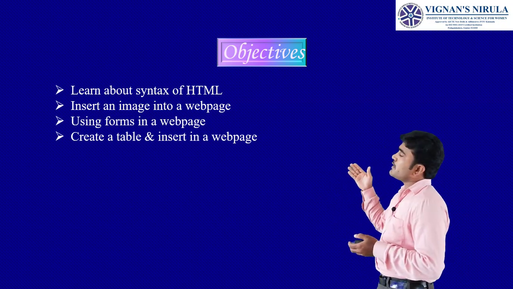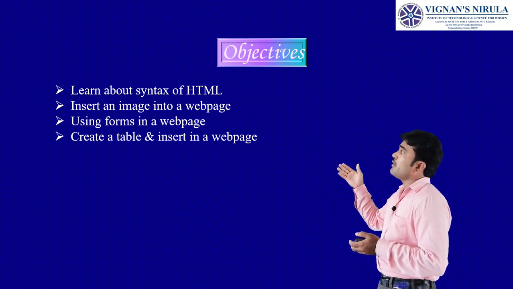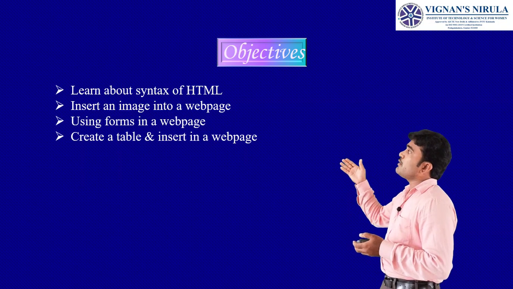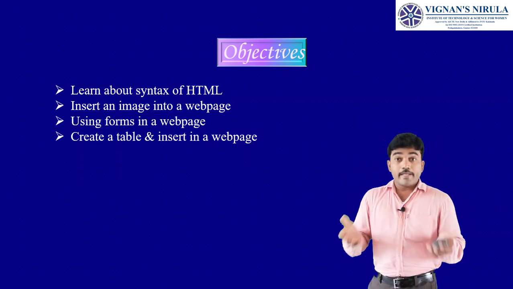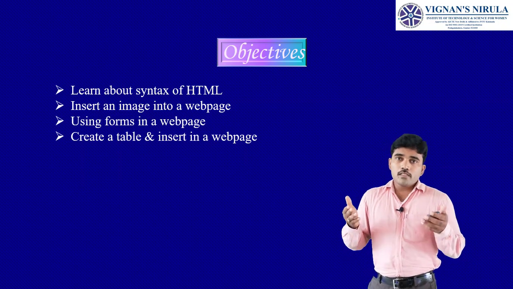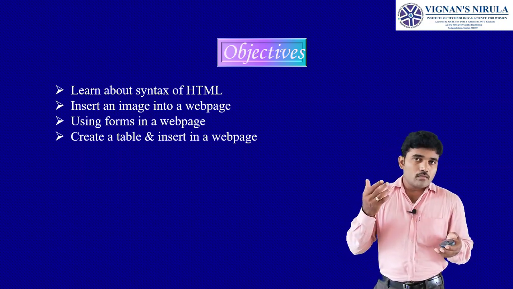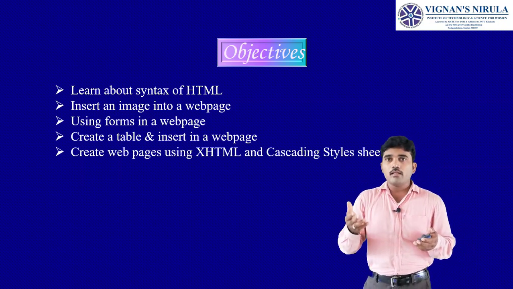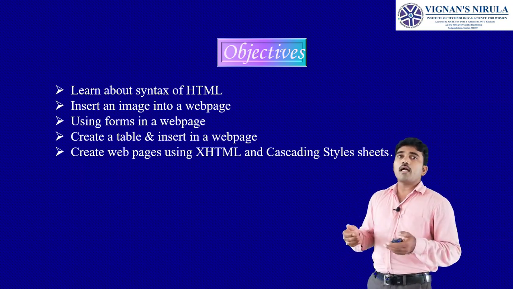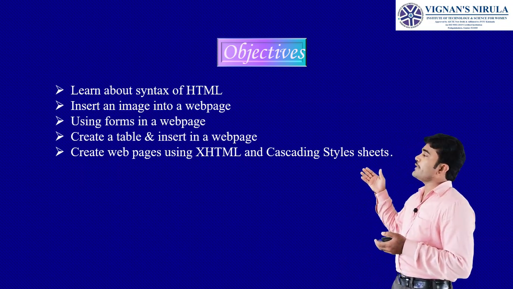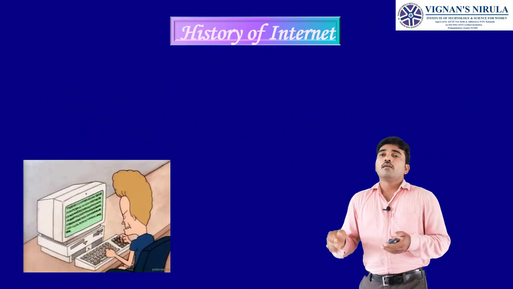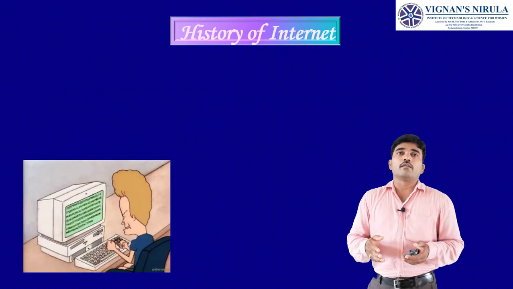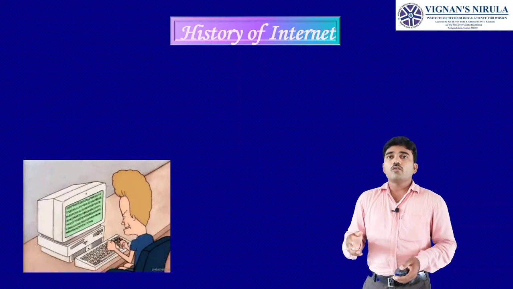Next is creating a table and inserting a table of data in your web page. And the last one is how to create a web page using HTML5 and cascading style sheets.